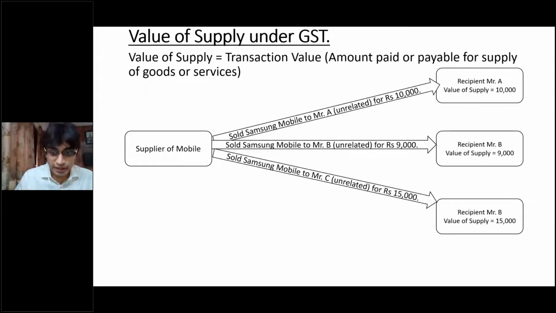So whatever amount I am recovering, that is your value of supply. So simple. Only two conditions: supplier and recipient should not be related, and price is the sole consideration. Nothing else. No barter, no exchange.